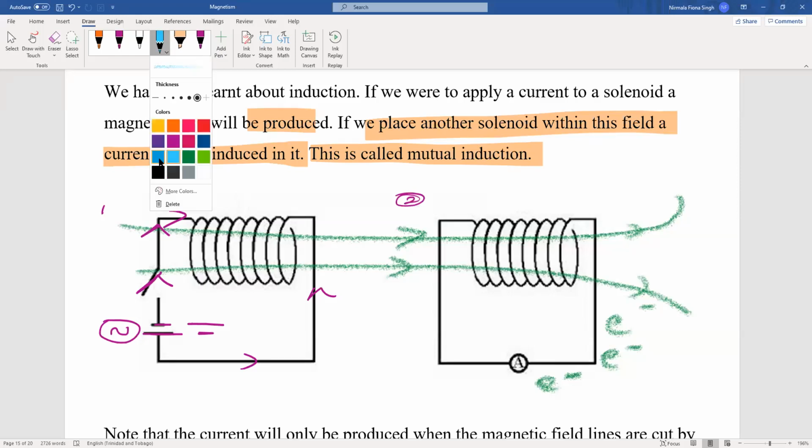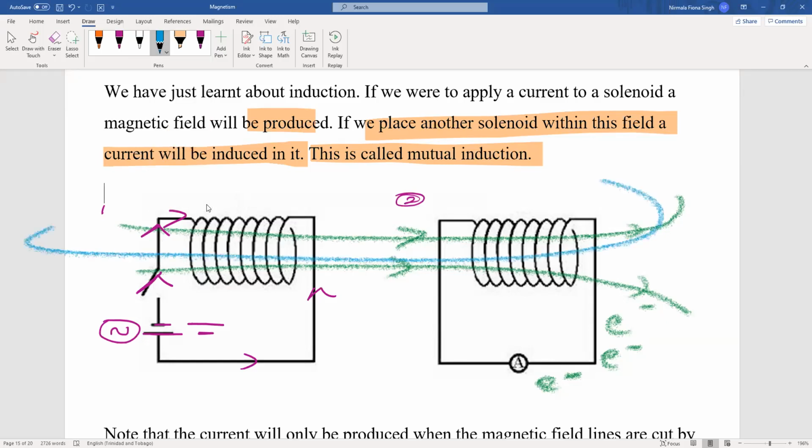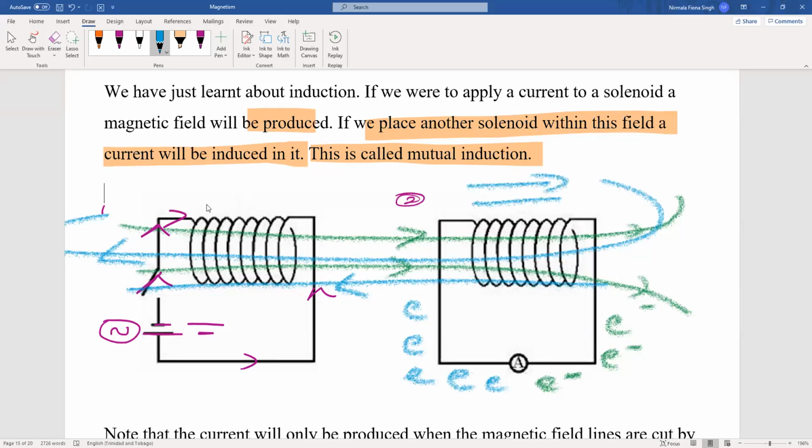So my magnetic field is now moving in the opposite direction, and my electrons are now moving in the opposite direction. Because I have the magnetic field going forward and back, it has to do the same process over of propagating out into space. And the movement of this magnetic field is what generates our constant current in our coil.